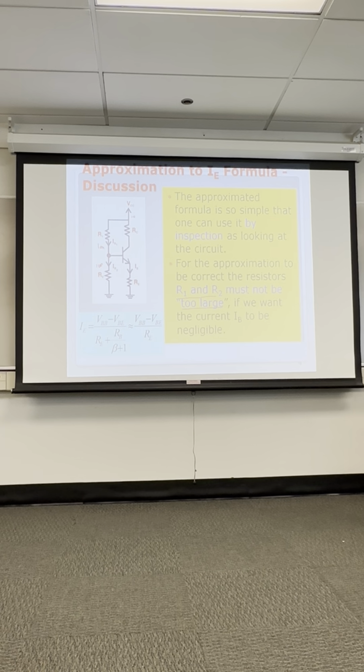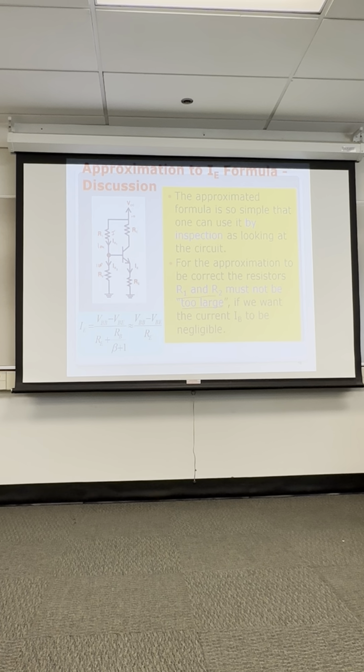Now, what's the current through the 10 meg ohm R1? So you want to solve for the current through this resistor. I sub R1 is equal to V sub CC minus the base voltage: 10 volts minus 5 volts divided by 10 meg ohms.